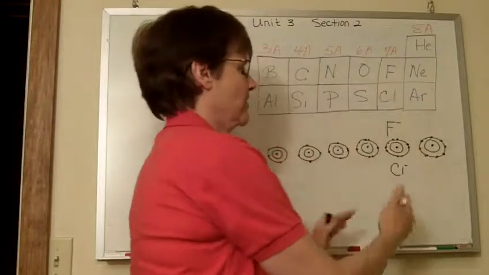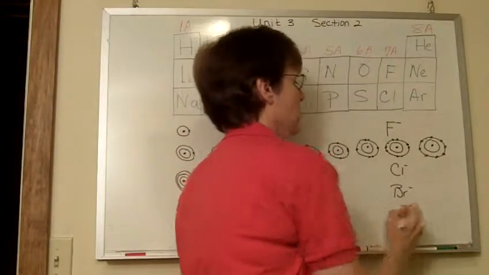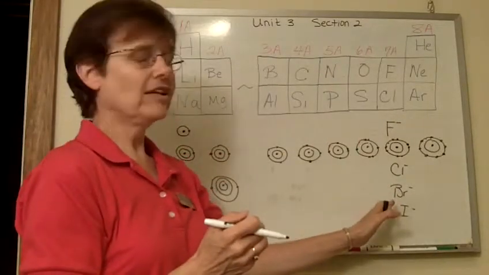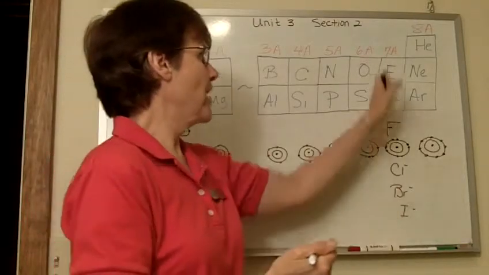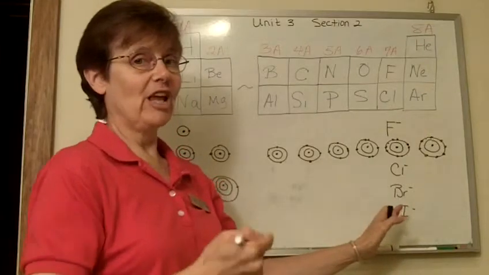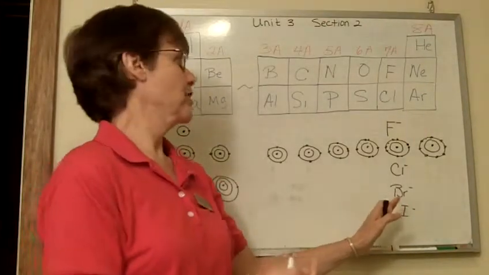And if you keep going down the table, you'll have Br minus and I minus, and so forth. So in this column, they will gain an electron. Electrons have a negative charge, so they will end up as a -1 ion, and that gives them the same electron configuration as a noble gas, so that means they're very stable.